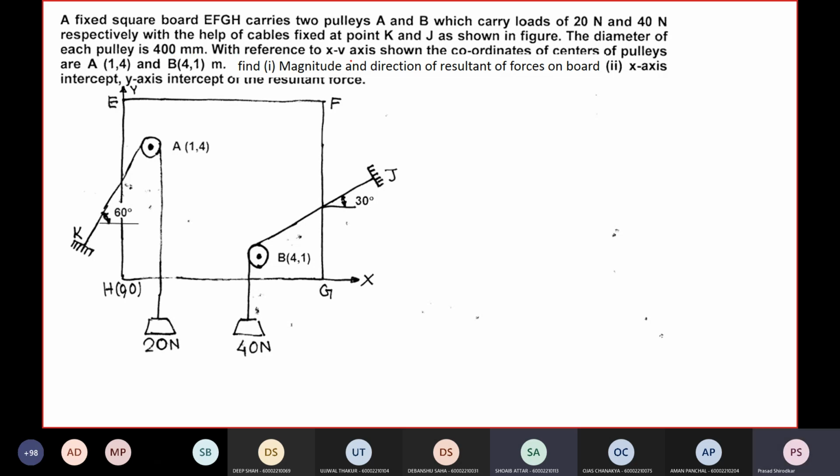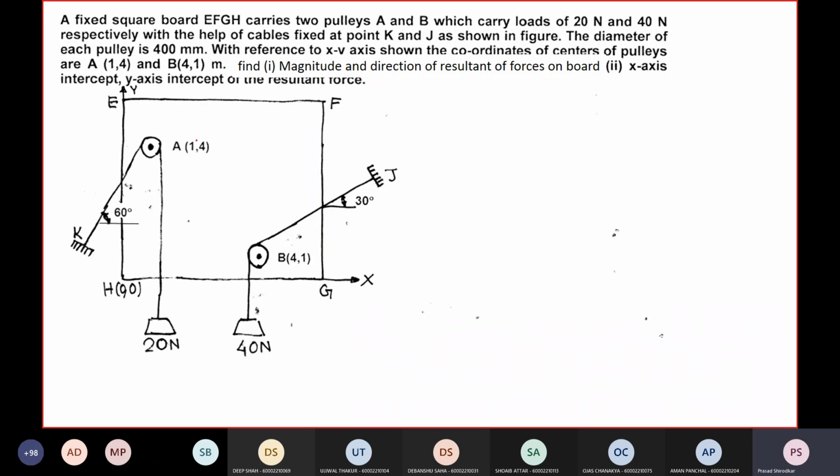With reference to the x and y axes shown as the coordinate axes, the coordinates of the centers of the pulleys are 1, 4 for A and 4, 1 for B. Find the magnitude and direction of the resultant force on the board, and the x-intercept and y-intercept of the resultant.